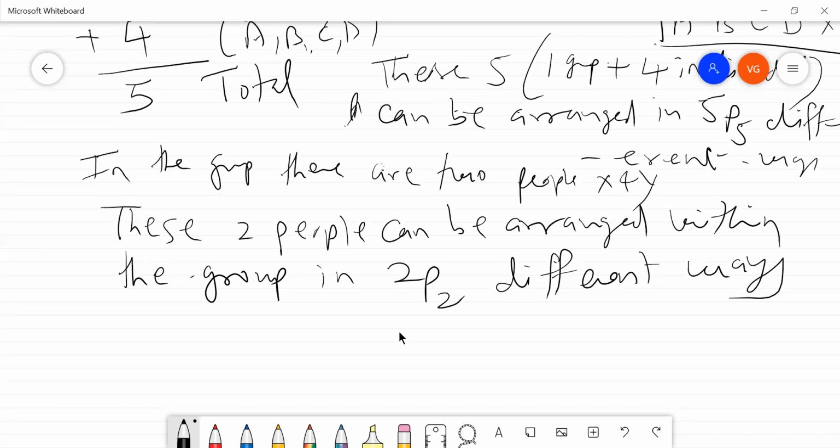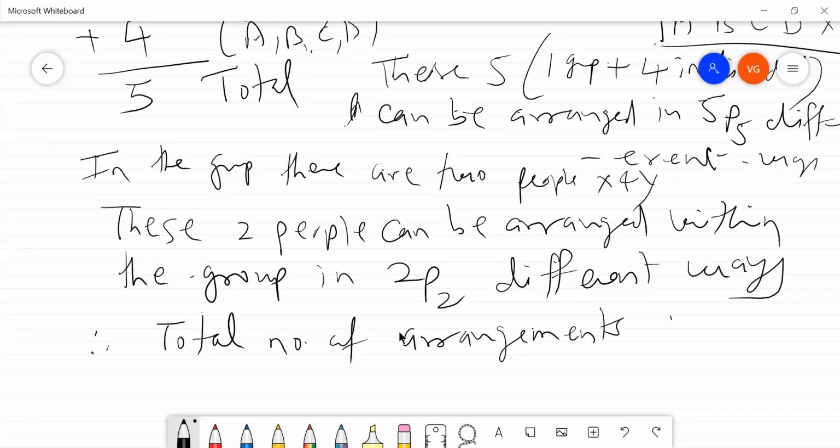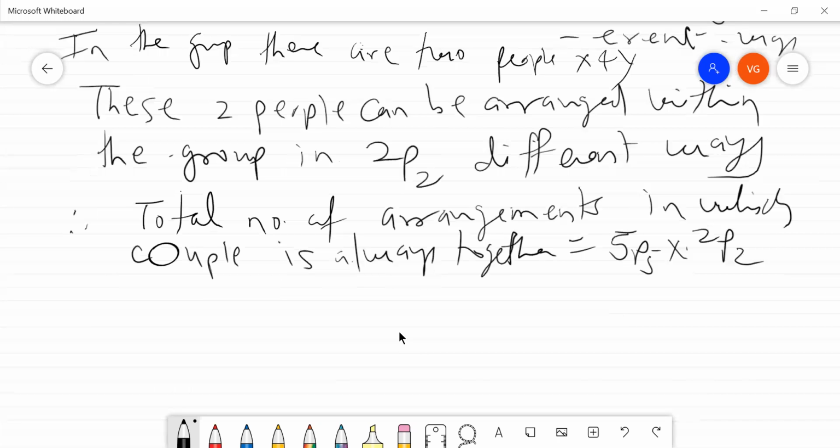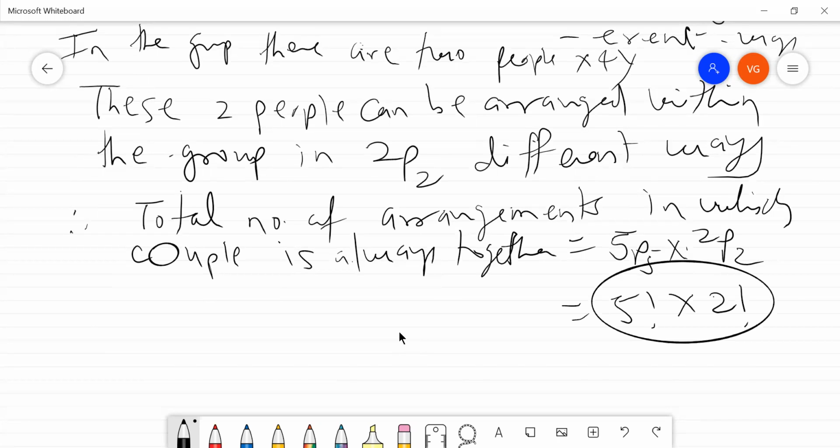Okay, so therefore by fundamental theorem, total number of arrangements in which couple is always together, will be given by 5p5 into 2p2. Okay, 5p5 का वैल्यू आता है 5 फैक्टोरियल and 2p2 का वैल्यू आता है 2 फैक्टोरियल. You count that and see how much you will get.